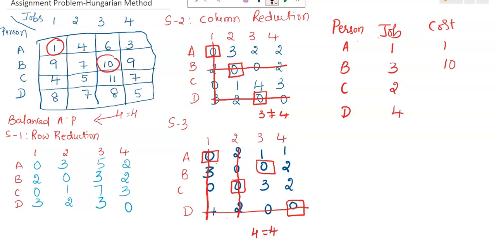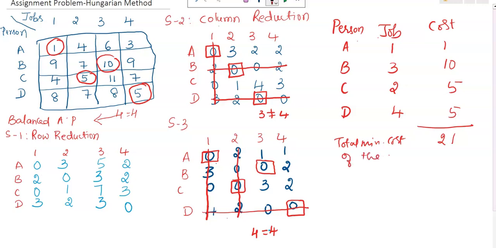Person C, the job is 2, and the cost is 5. For person D, the job is 4, so the cost is 5. So you have to add. Totally, we get the total minimum cost of the assignment problem, or optimal assignment cost, as 21 units.